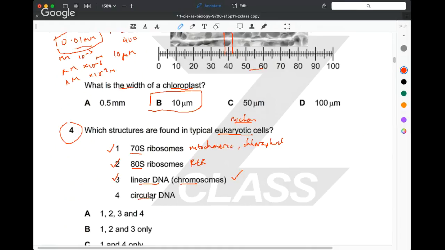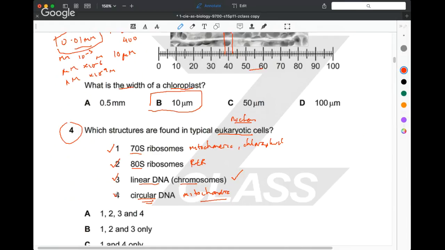And this was the one that I think threw students because the circular DNA is found, isn't it, inside mitochondria. Yeah? So the circular DNA is inside mitochondria, and the mitochondria are themselves organelles within a eukaryotic cell.